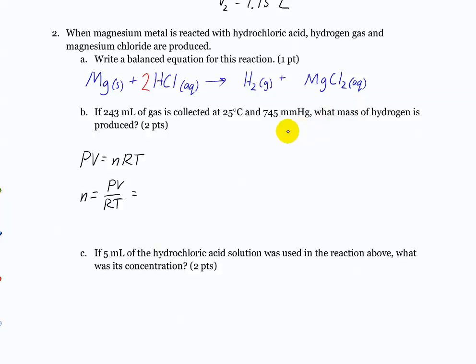Let's do that conversion. 745 millimeters of mercury times 1 atmosphere per 760 millimeters of mercury. By the way, the reason I didn't have that on there, that is a conversion that you have to know. I just didn't say that last time, but in the future, you should know this. That one and the 273 Kelvin are going to come up a lot in these kinds of problems.